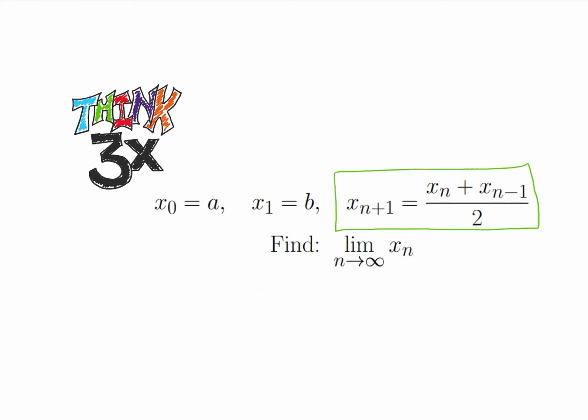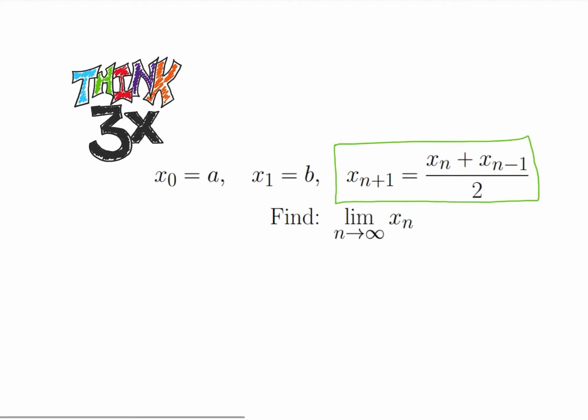So the first thing we're going to look at is the statement right here. I'm actually going to write this as x sub n plus 1 is equal to 2x sub n minus x sub n plus x sub n minus 1 divided by 2. The reason I'm writing it like this is because I would love to have this sequence in terms of the previous element.